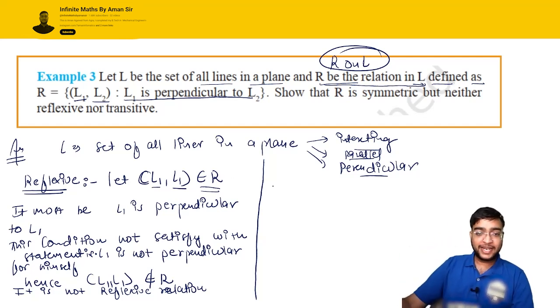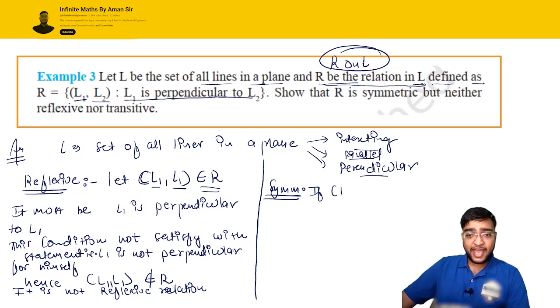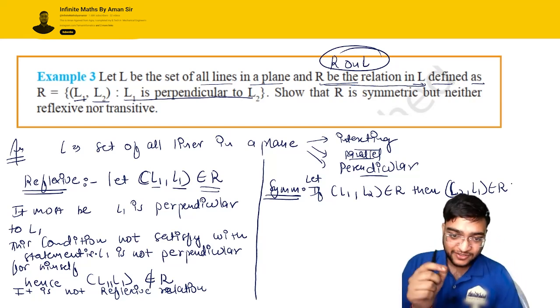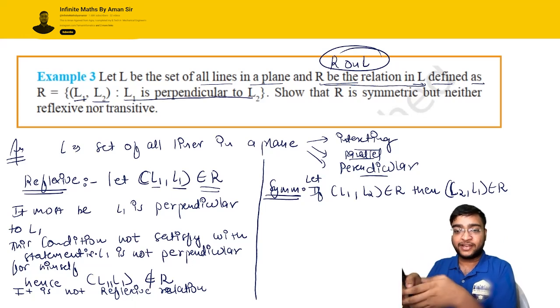Okay, let's see the symmetric one here. For the symmetric one, let's say if L1 and L2 are in relation, then L2 and L1 are also in my relation.